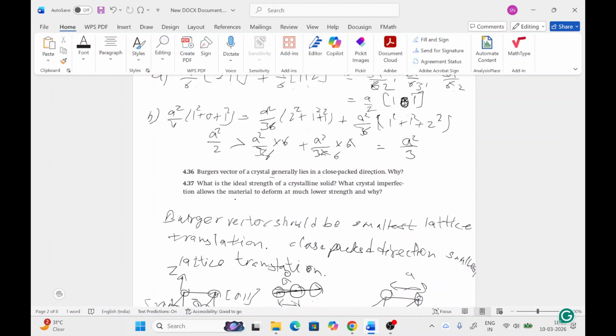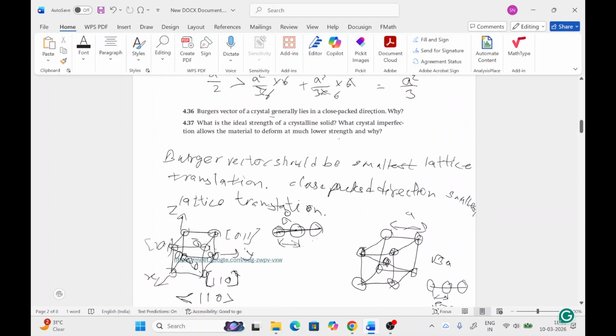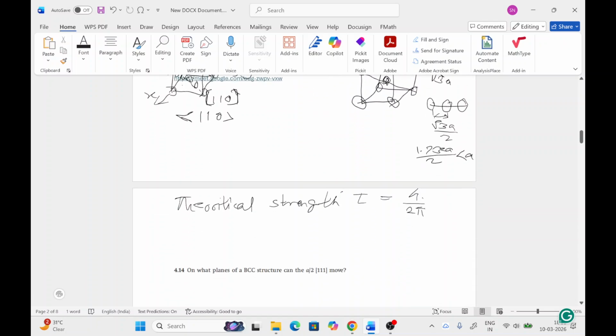The next question is: what crystal imperfection allows the material to deform at much lower strength, and why? The dislocations are the crystal imperfection which allow the material to deform at much lower strength. Why? Because we know that the Burgers vector is the smallest lattice translation.